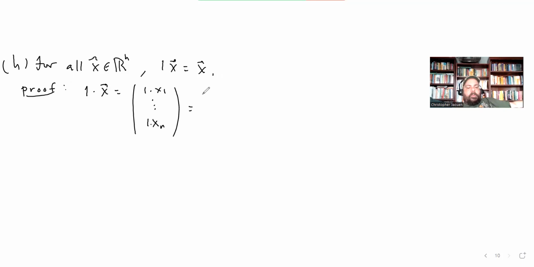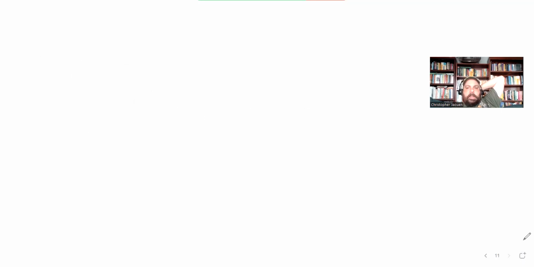And 1 is the multiplicative identity for real numbers, so we get x1 up to xn, which is x. Okay, so that verifies, these are called vector space axioms. He doesn't say that in the book, but this verifies all of the axioms. There's one last problem that he suggests to do, which is 13, so I'll finish up with that one.